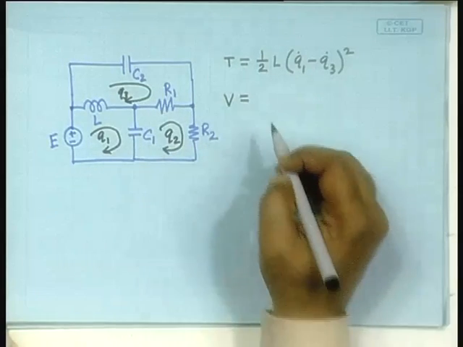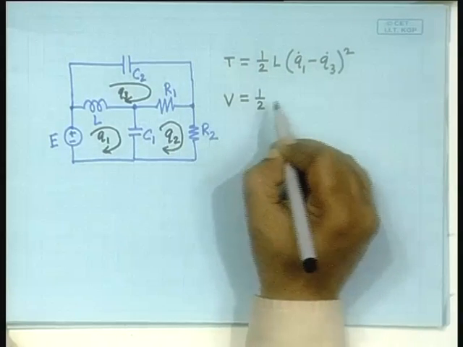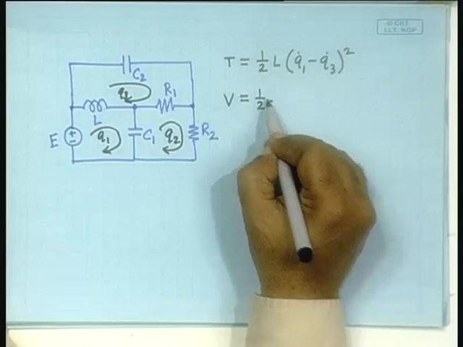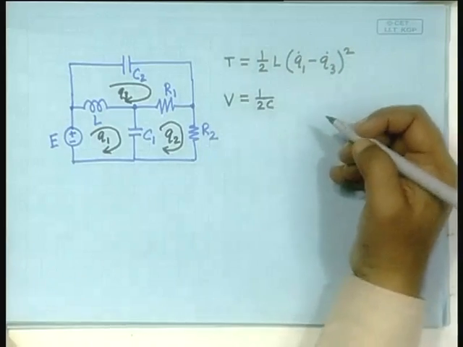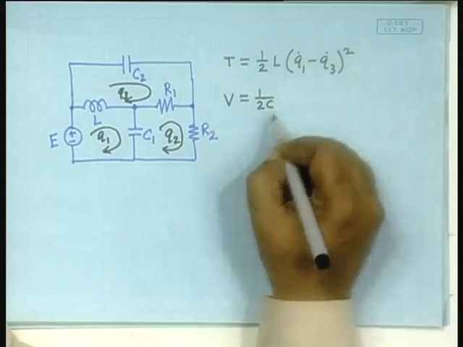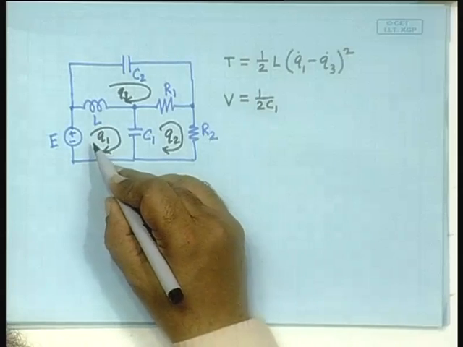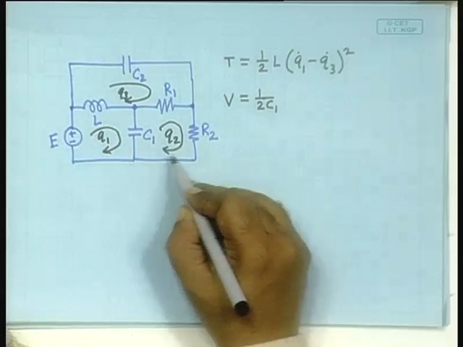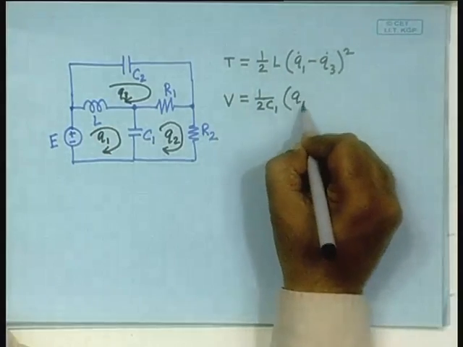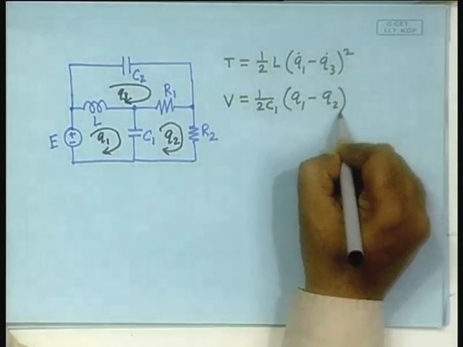So, let us take this one first. It will be 1 by 2 C, C is in the denominator, this is C1. The charge flowing is Q1 minus Q2. So, (Q1 minus Q2) square.